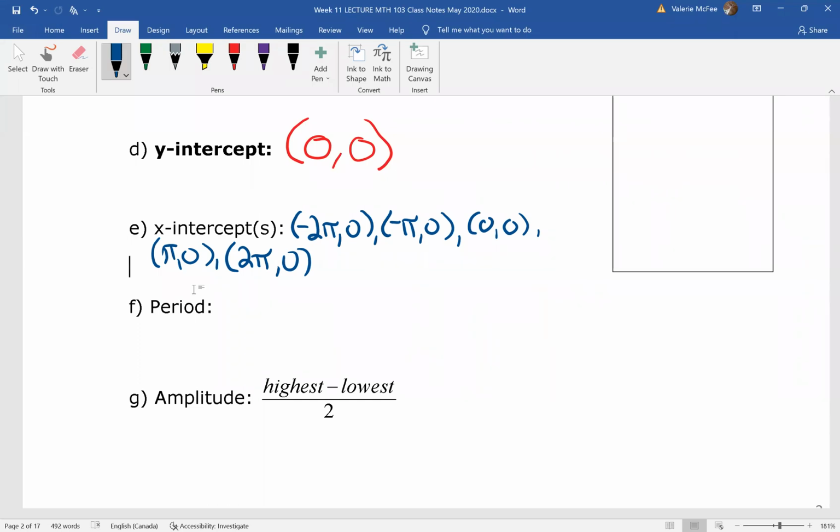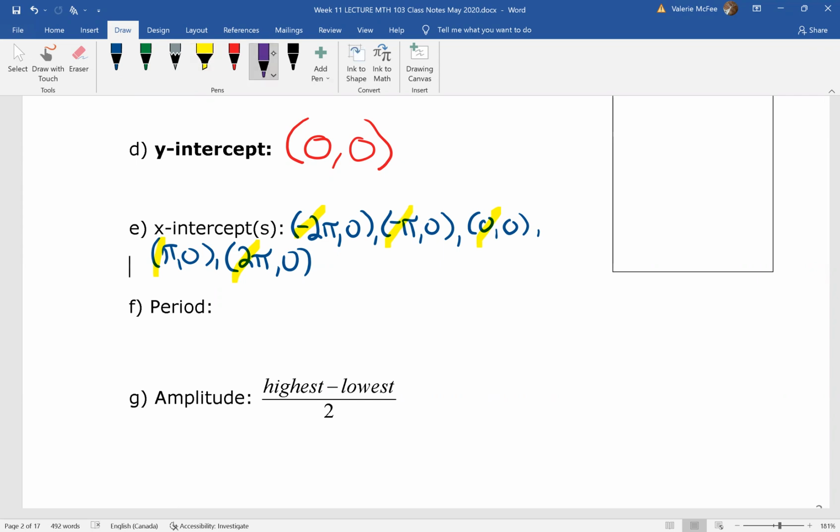And when we look at our list here, we see that we're multiplying pi by +1, by +2, by 0, by -1, by -2. We're multiplying pi by integers.